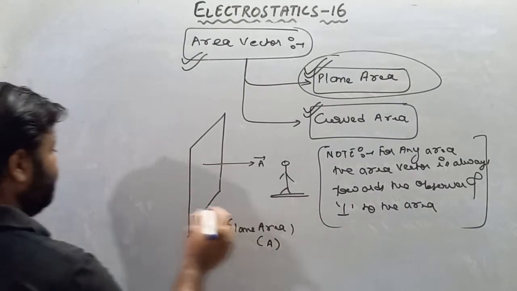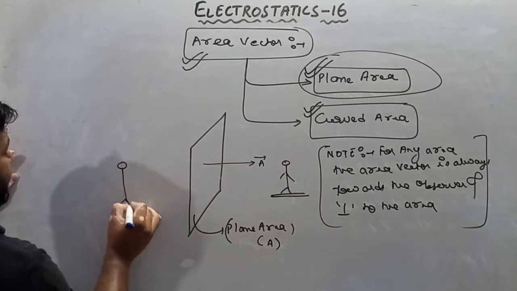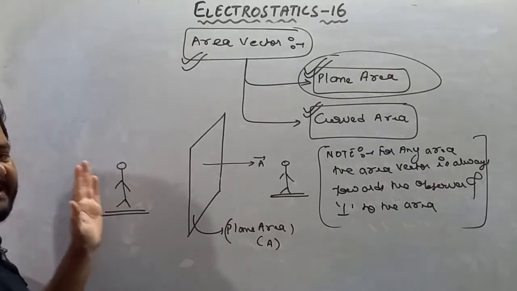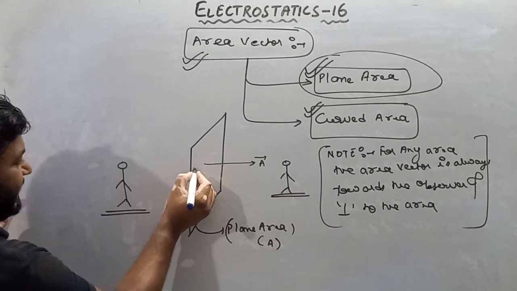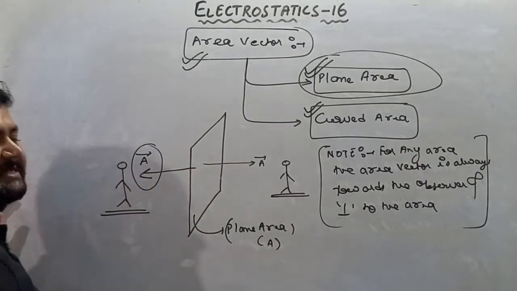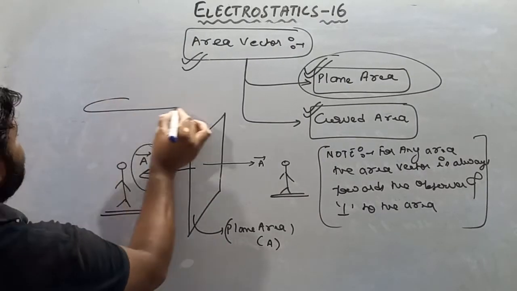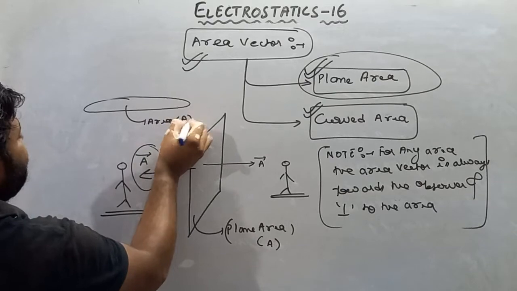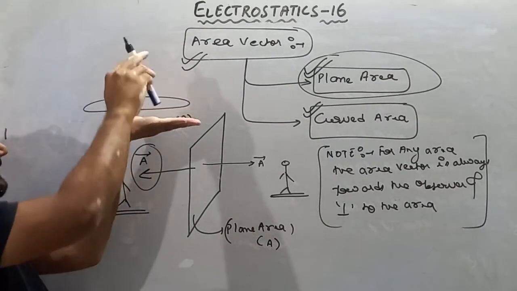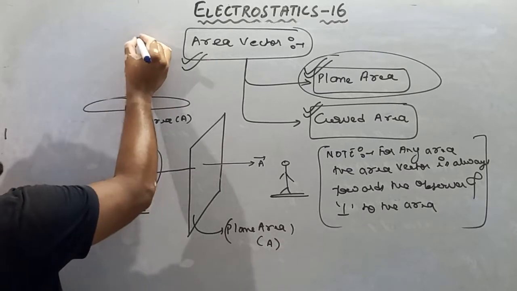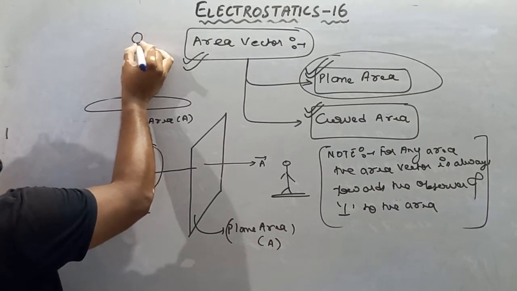Let's suppose the position of the observer changes, now the observer is on this side. So if the observer is here, then the direction of the area vector changes. Now it is like this and towards the observer. If we have an area like this, and this area is A, then it is obvious that the observer must be present in this position.